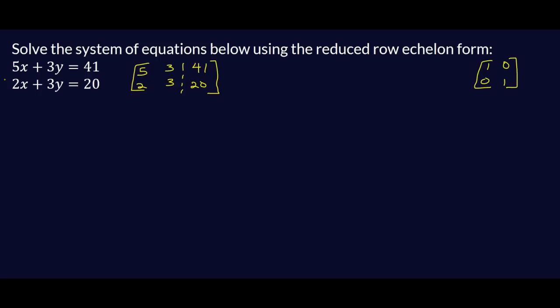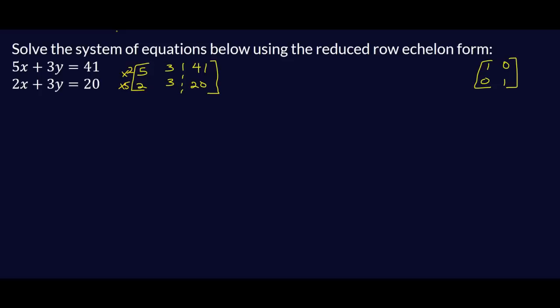So the first thing I'm going to do is simplify the second row. We're going to do a few things here. I'm going to multiply row 1 by 2, and I'm going to multiply row 2 by 5.